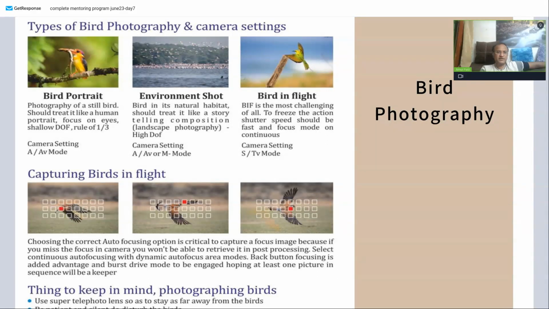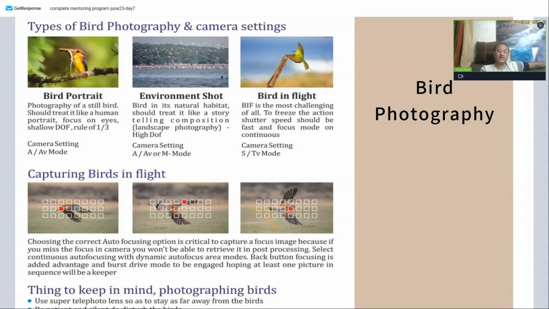Bird portraits. Just like human portraits, you need to treat bird portraits as close-ups, have a shallow depth of field, focus on the eye of the bird, follow the rule of thirds. All these things that are important for human portraits, you should use in bird portraits as well.